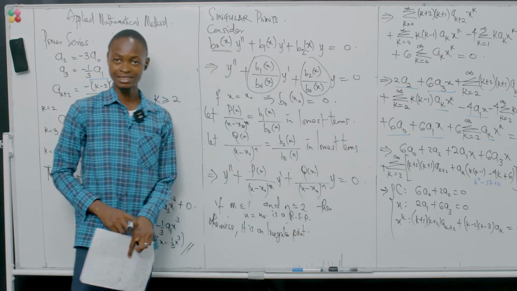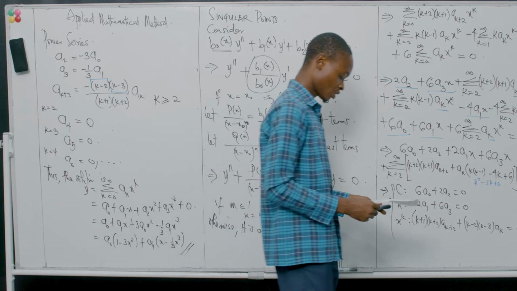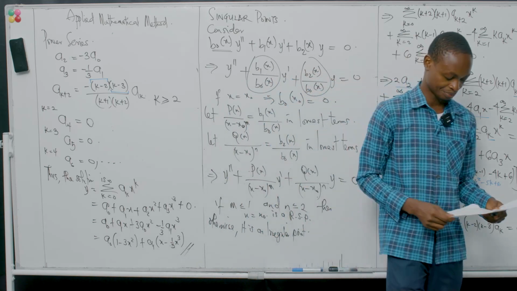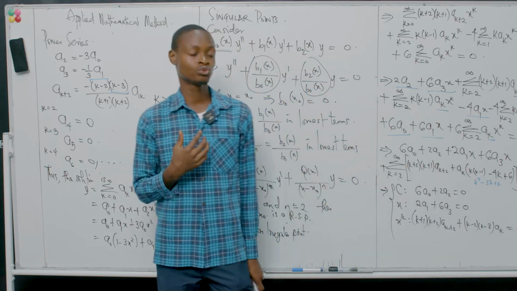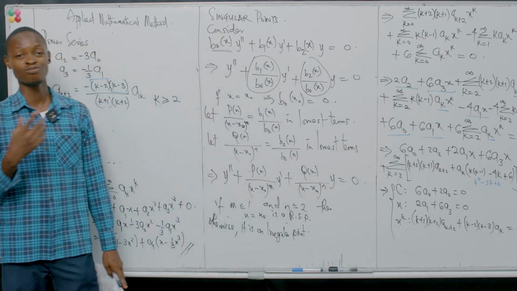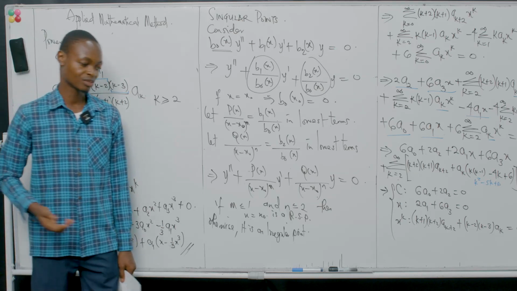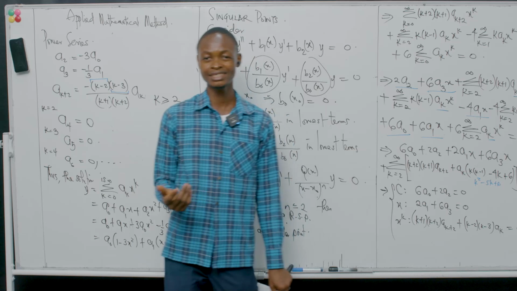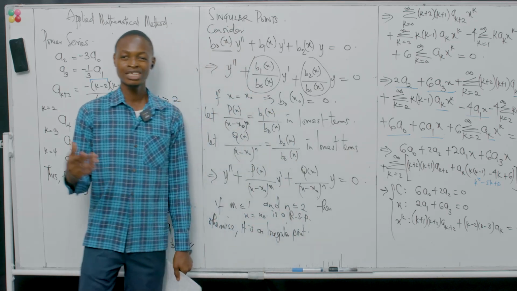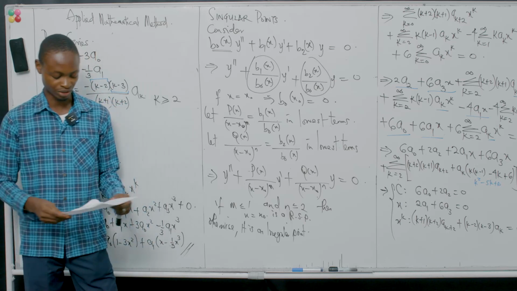I hope that's clear. Sometimes we would face questions where we have to identify what kind of points we have, maybe in a list of points we are given. We are given the singularities, you have to identify the singularities and then classify if it's a regular point or irregular point, and so on and so forth.